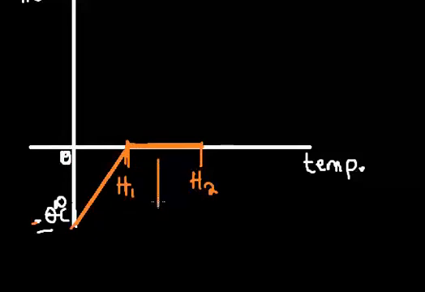What you have here is what is regarded as latent heat. This heat from H1 to H2 is latent heat. Why? Because even when the heat supplied increases from H1 to H2, the temperature still remains constant. Normally, one indicator of heat is that once you supply heat to a body, the temperature rises, all right?